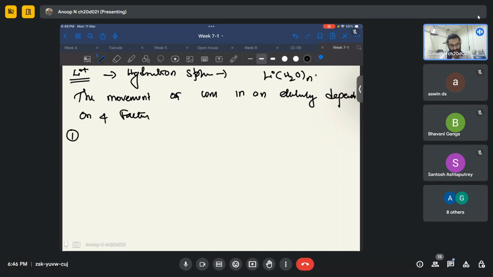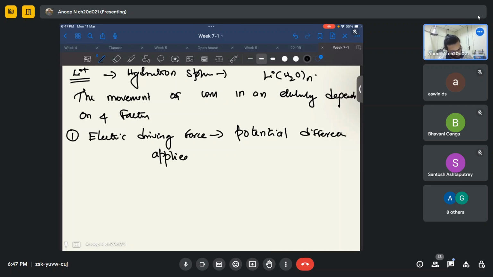First is the electric field, the electric driving force, which is nothing but the potential difference applied between two electrodes.